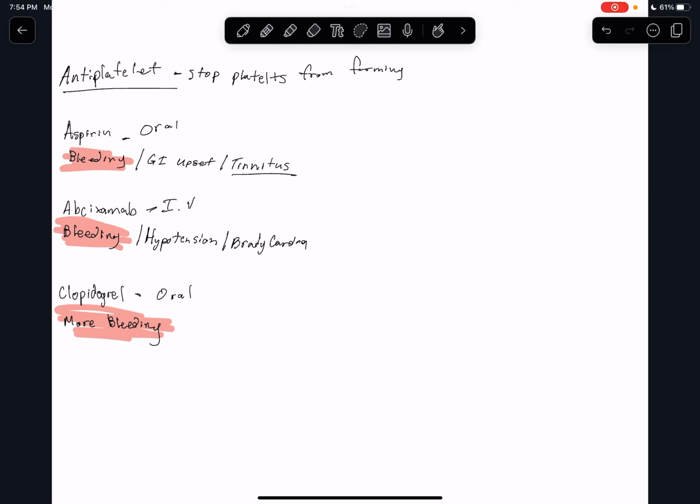Clopidogrel, same thing, bleeding. You're going to have some GI discomfort, dyspepsia, diarrhea, pain, and then sometimes vomiting as well. For all of these, the contraindications obviously are going to be surgery, pregnant women, anyone that has any sort of liver or kidney problems. I'm trying to see if there's anything specific.